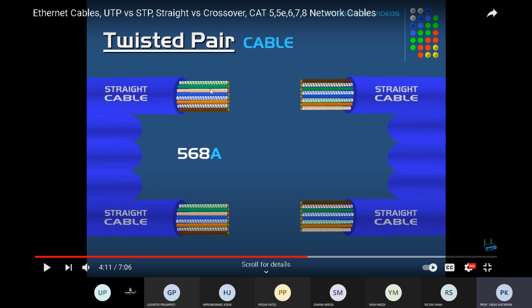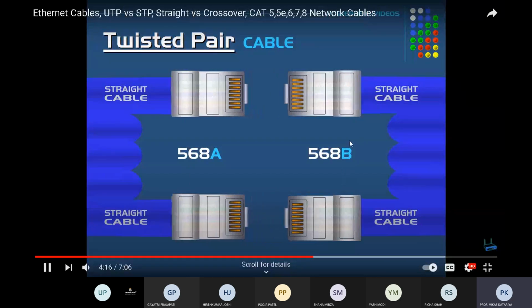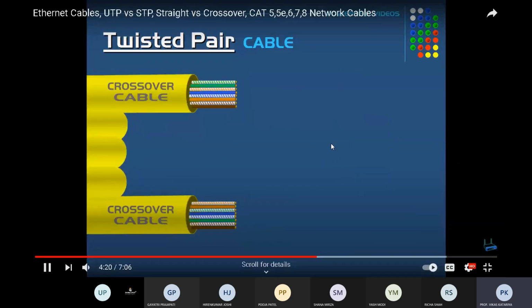So the order of the color combination of the copper wires should be the same at both ends. This is how a straight cable is designed. And 568B is the standard B, so both ends should be the same and fit the RJ45 connector.